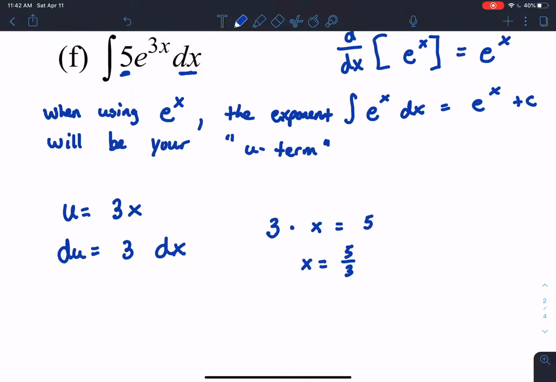I'm going to take that number and multiply it to my problem. So you got 5/3 du equals 5 dx.